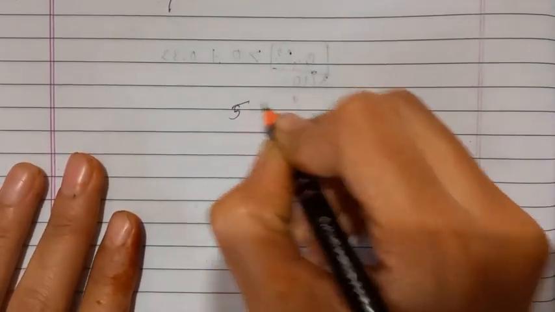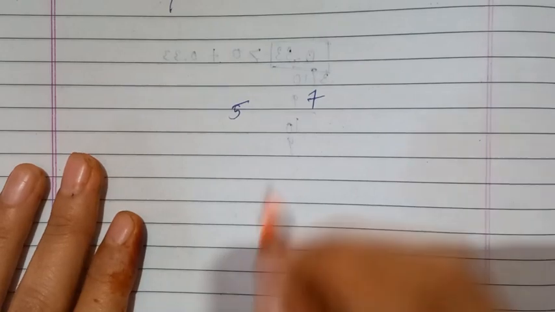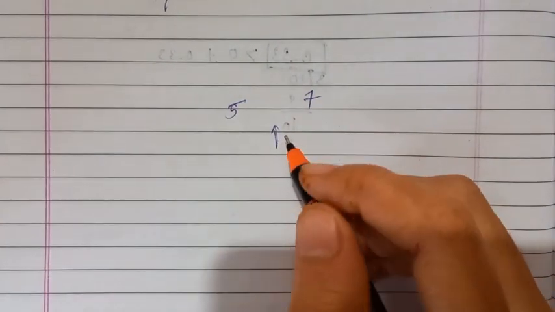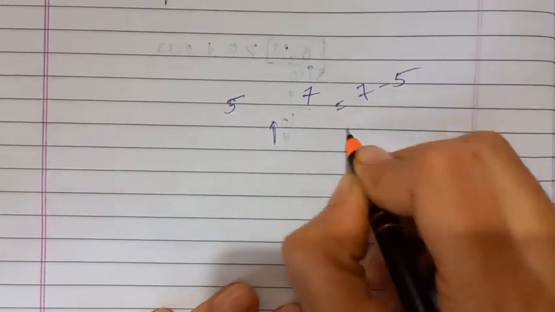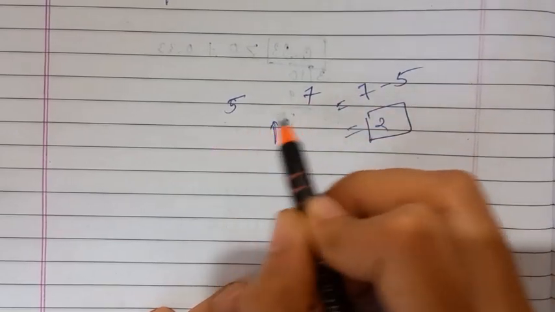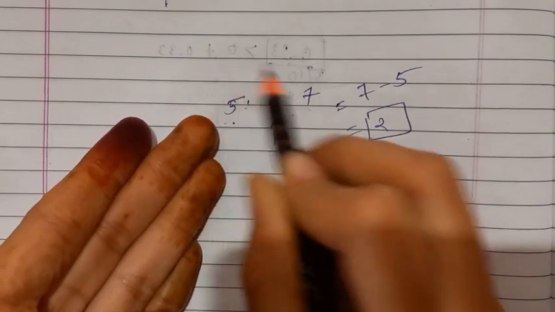If you have two numbers 5 and 7, and you are asked what is the difference between 5 and 7, then you simply subtract 5 from 7 and you will get the difference between the numbers. The difference between the numbers is 2. If you add 2 to 5, then you will get 7.